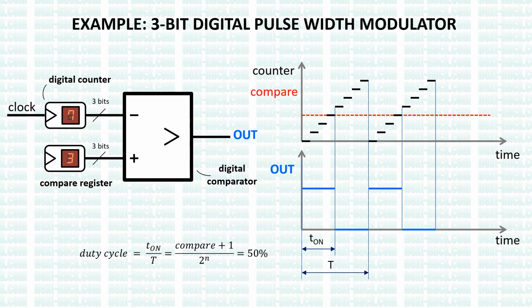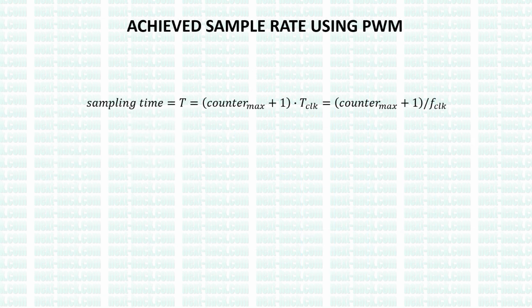In this way, the sampling time or period is the time between two overflows. Therefore, the sampling time is the maximum counter value plus 1 multiplied by the counter clock period. In other words, the sample rate is the counter clock divided by the maximum value plus 1.